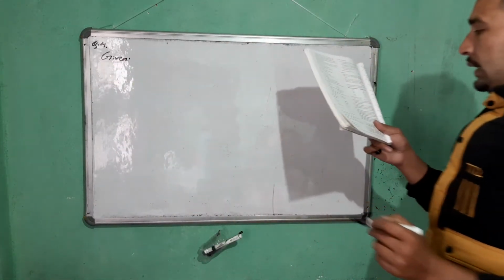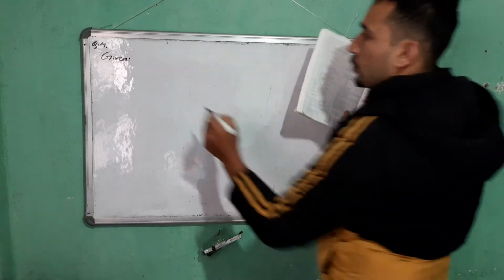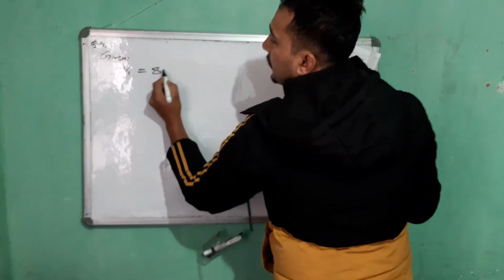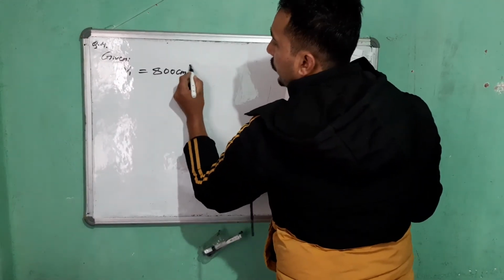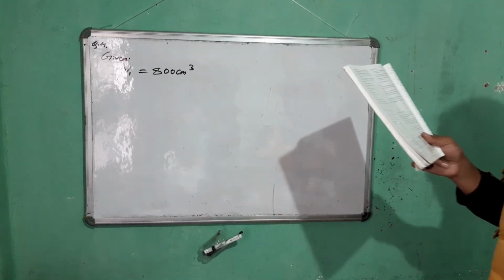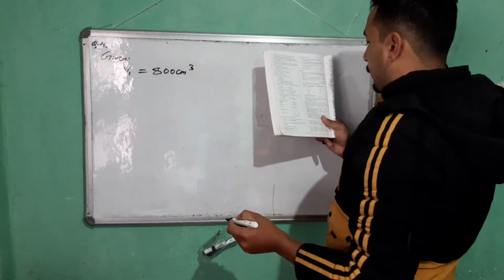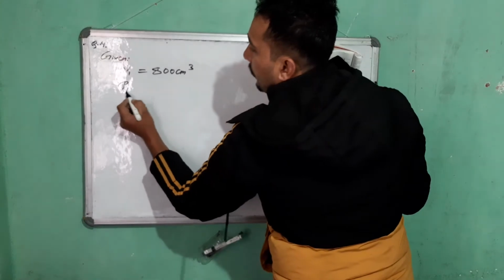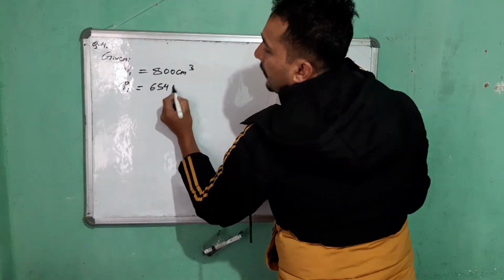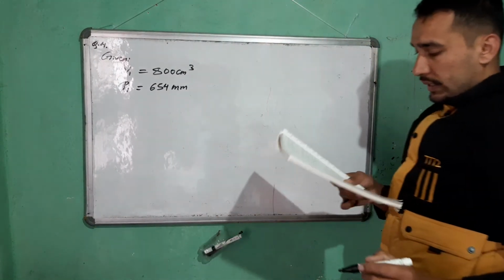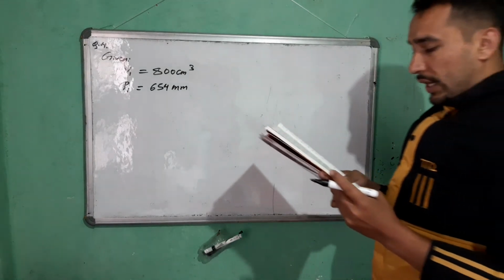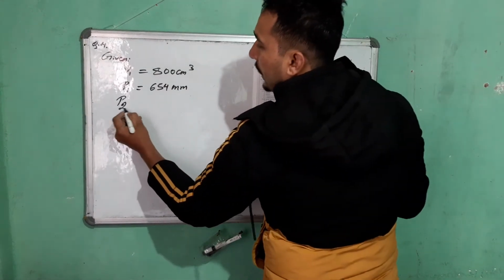So given is 800 centimeter cube of gas, so V1 volume is 800 centimeter cube. The gas is collected at 654 mm pressure, so P1 pressure is 654 mm. At what pressure, P2, we have to calculate.